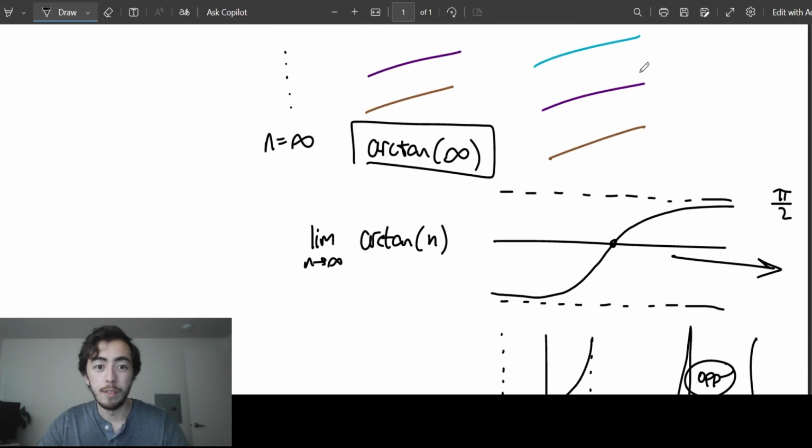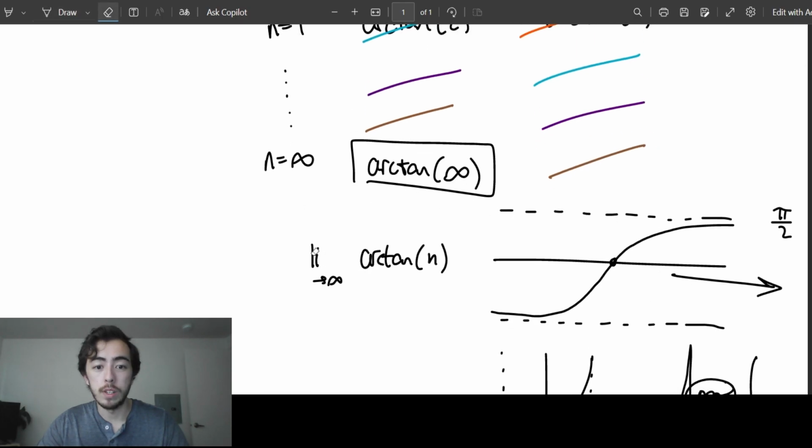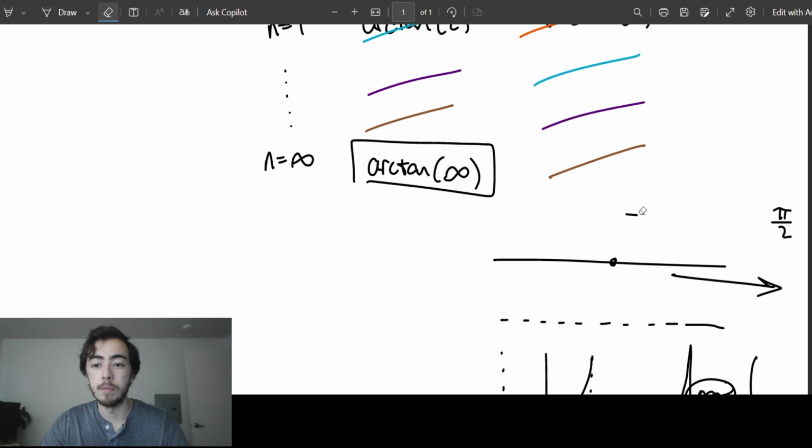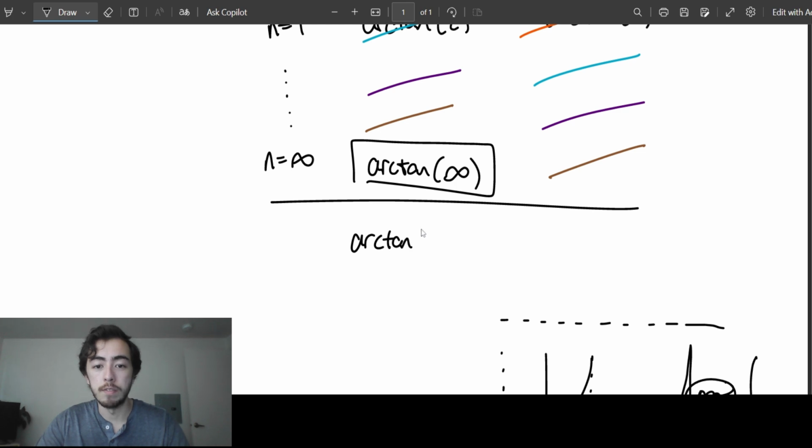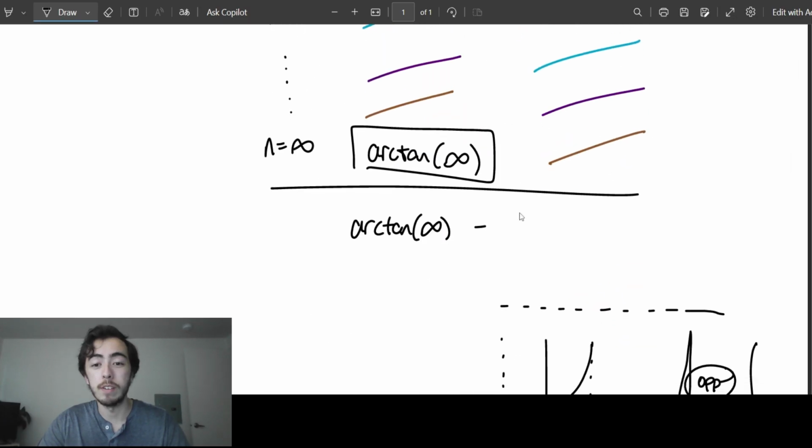So for our problem today, once we figure out that the sum cancels out in a nice special way, and we're just left with arctangent of basically infinity, and then not forgetting about this arctangent of 0, minus arctangent of 0.